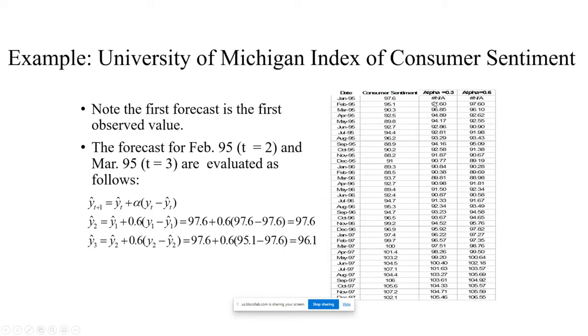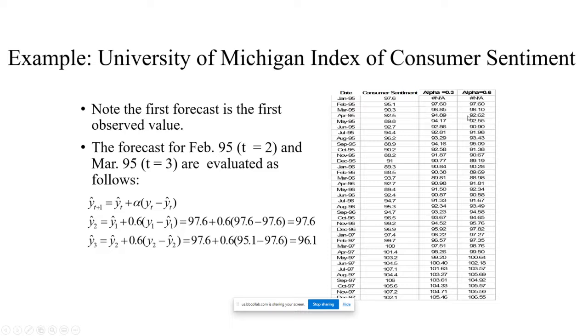The forecast is 97.6. So you see in the equation, the forecast of 97.6 plus alpha times 97.6 minus 97.6 gives you 97.6.